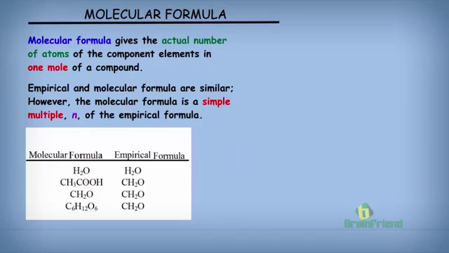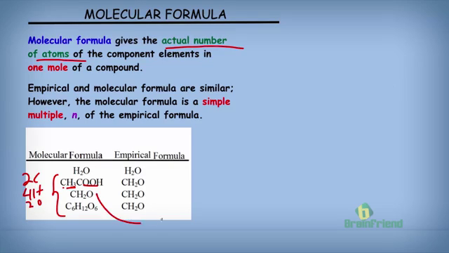So we said that molecular formula gives the actual number of atoms of the component elements in 1 mole of a compound. As we saw previously, the molecular formulas of these compounds are telling us how much of these elements are present in the compounds. Here we have 2 carbons, 4 hydrogen atoms, and 2 oxygen atoms.